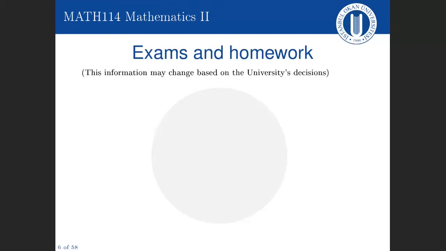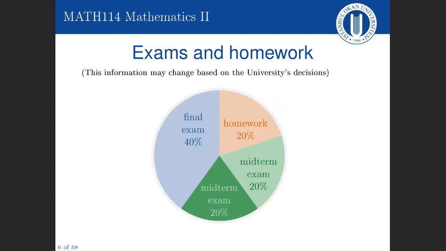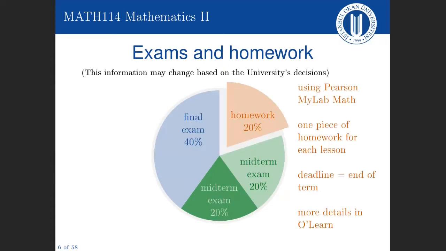We're going to examine this course using both exams and homework. The homework is going to be using Pearson's MyLab website. This is why you need to have a copy of the textbook, which includes an access code. I'm going to give you 12 pieces of homework, so there'll be one based on each lecture.